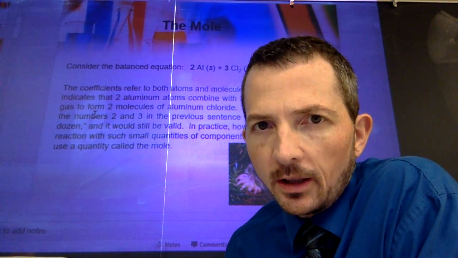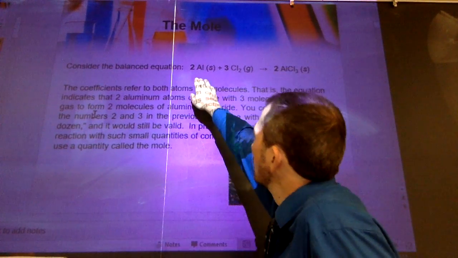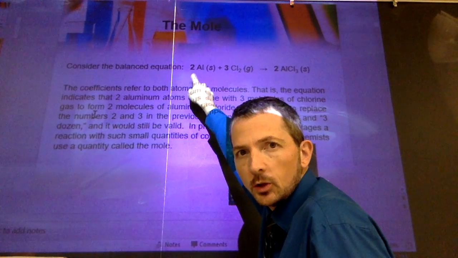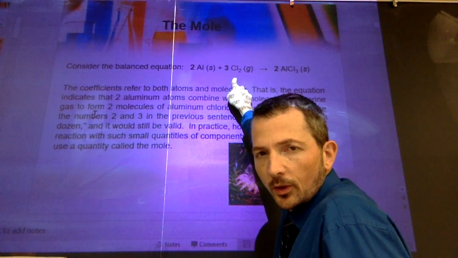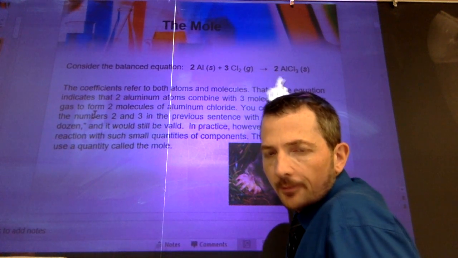And so when we look at a chemical equation, as mentioned before, the coefficient represents the amount of that. So this is saying I have 2 aluminum atoms reacting with 3 chlorine molecules to give me 2 molecules of aluminum chloride.